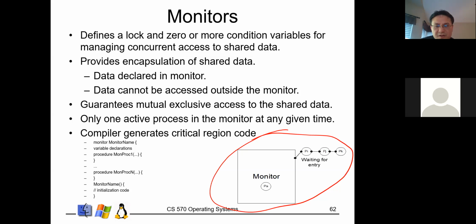But if there is already a process inside the monitor, other processes that want to access the same operation on the data will be blocked and placed on a queue. Upon leaving the monitor, the next process is allowed to enter the monitor.